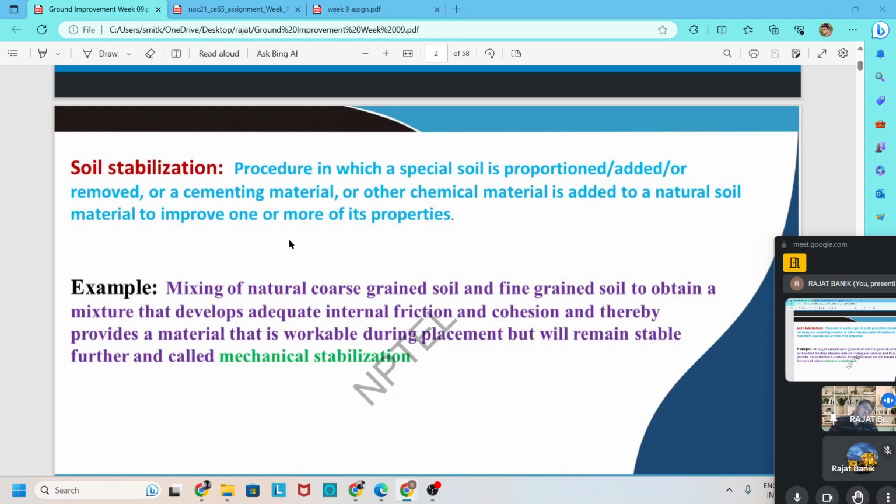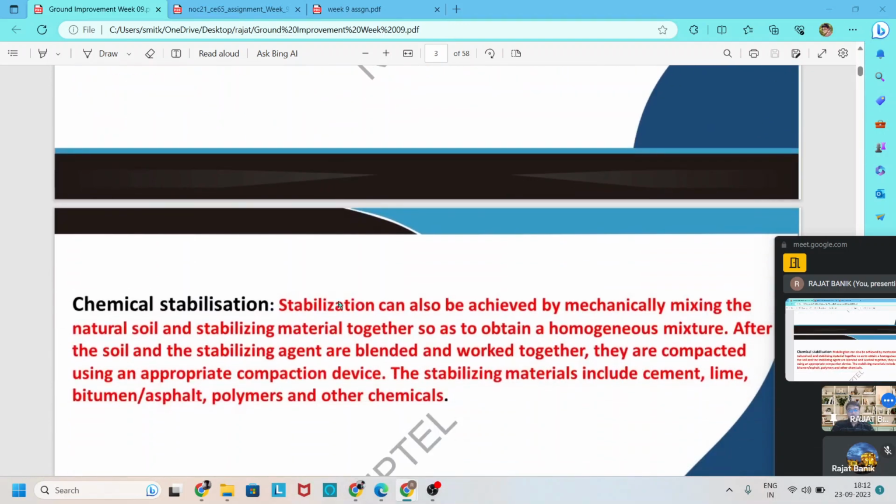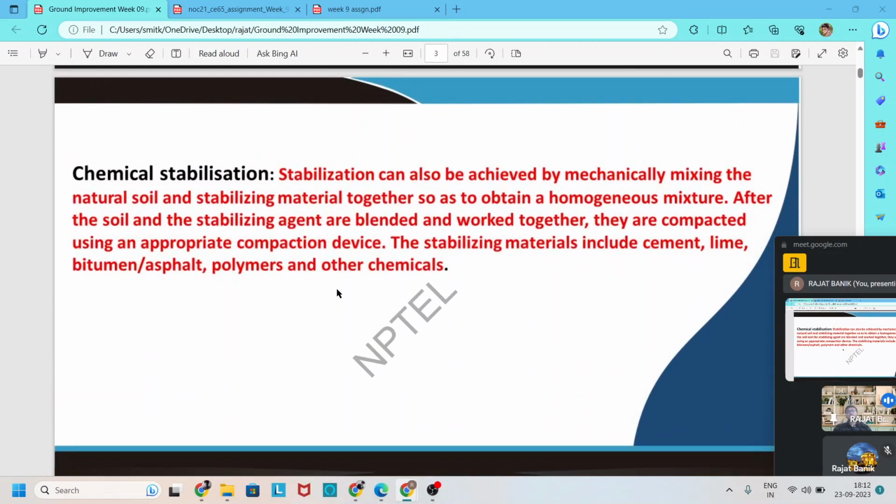Cohesion between the soil particles also increases. That way we improve the soil, but here we do not use any chemical reaction or chemical changes. When we modify the soil this way, it is called mechanical stabilization. In the next slide, it is said what the chemical stabilization is.